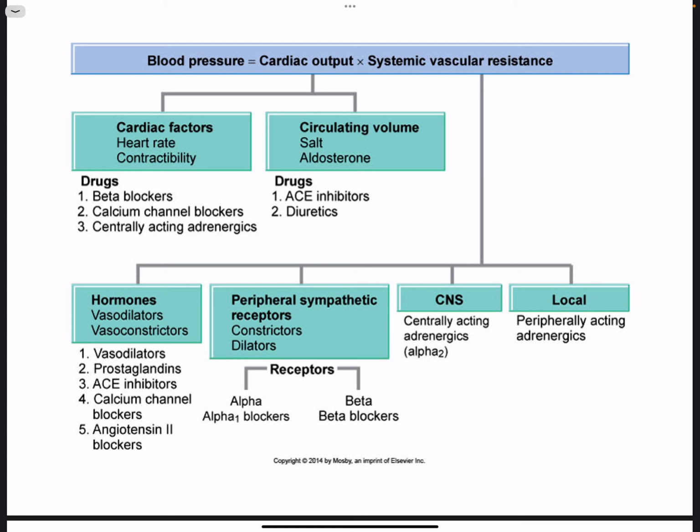ACE stands for angiotensin converting enzyme inhibitors. And as all of you like to travel a lot, there is a city when you go from here to Qasim, Arras. And this is Ras.